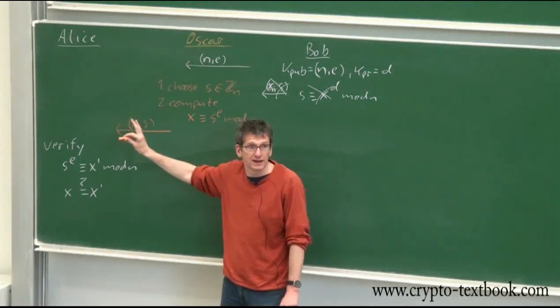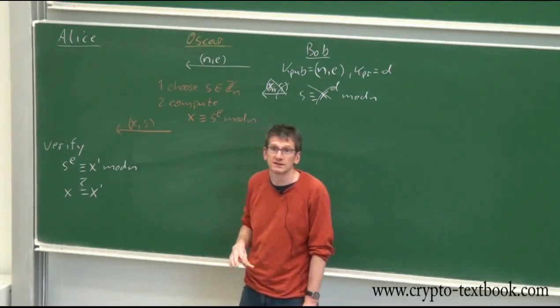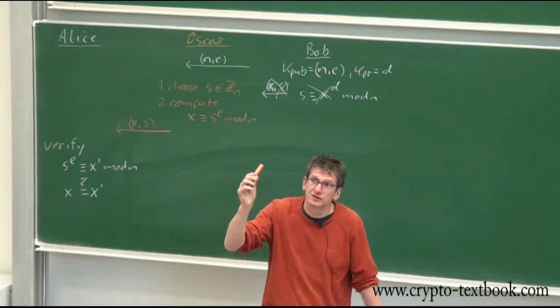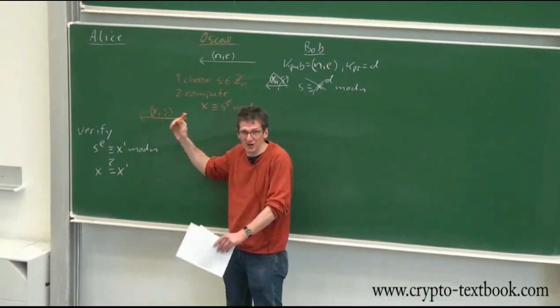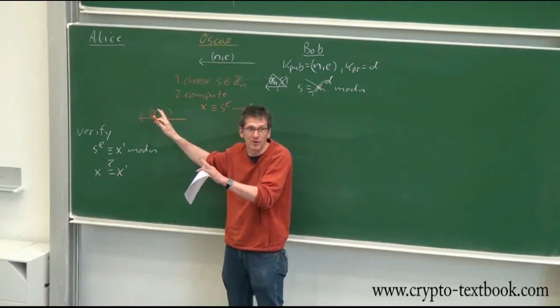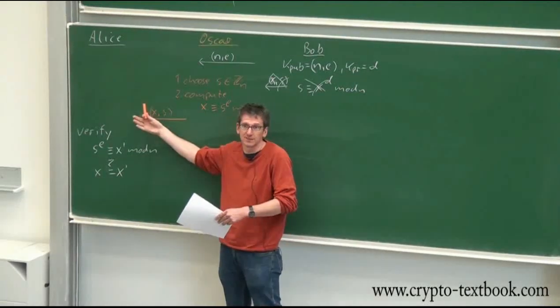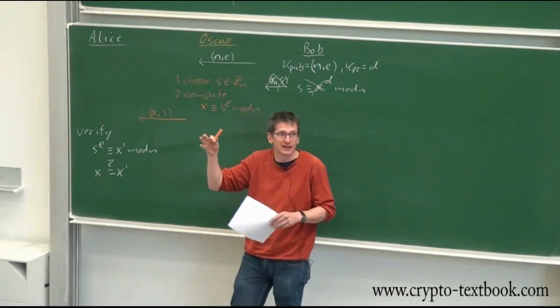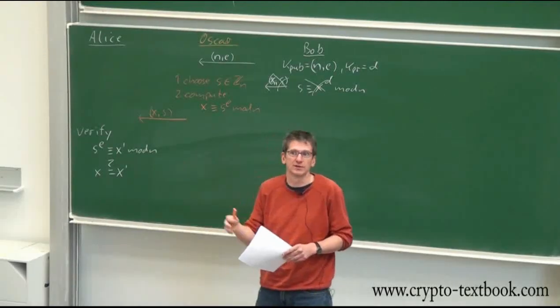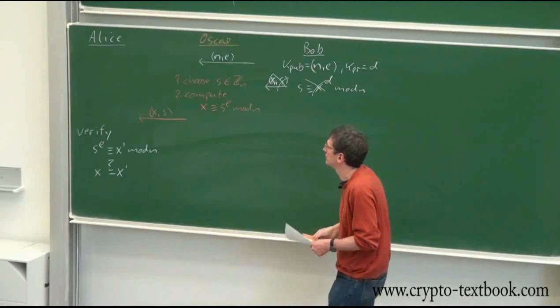Then he sends X and S to Alice, except he is not using orange chalk. You know what I'm trying to say? Orange means it's bad, it's coming from Oscar. So what he really does, he sends this message and says, hey, I'm coming from Bob. He uses Bob's IP address or email address or whatever identifier, okay?